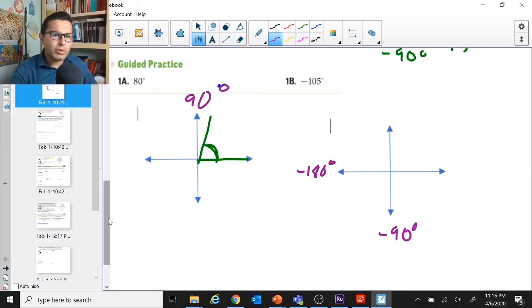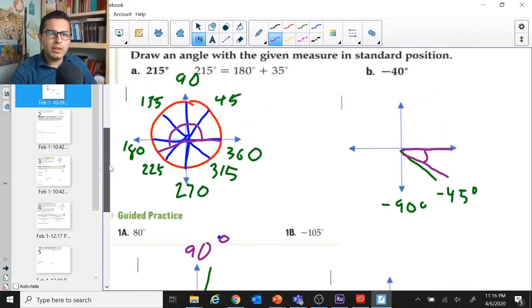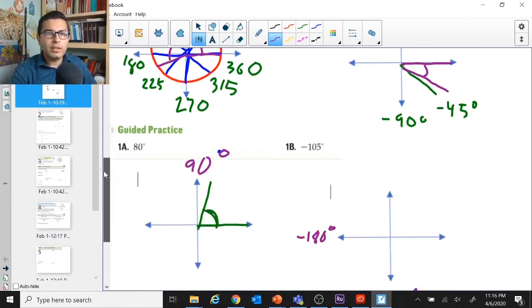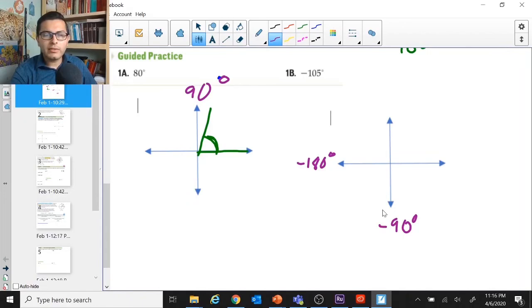Well, I remember from my circle up here that the angle between 90 and 180 is 135. That means that the angle between negative 90 and negative 180 is going to be negative 135 degrees, which means that my terminal side is going to be somewhere between the negative 90 and negative 135.